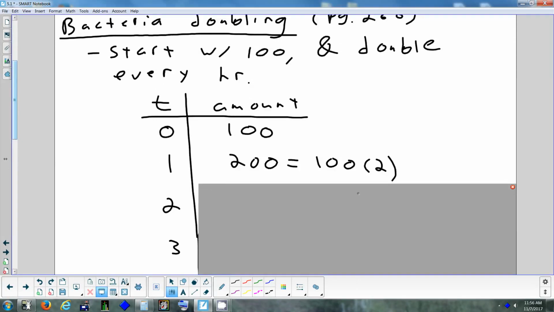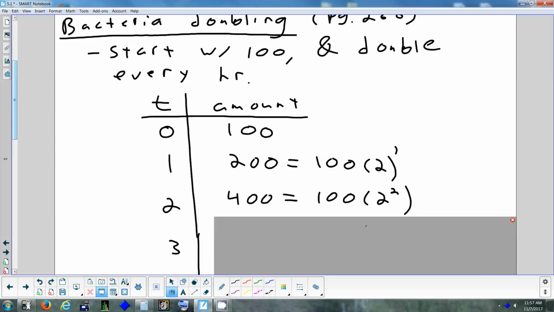Well, instead of 200, I'm going to think of it as the base amount times 2 to the first, which is 200. Okay. How many bacteria would you have after 2 hours? Yeah, 400, which is the base amount times 2, because it's doubling, to the second power.